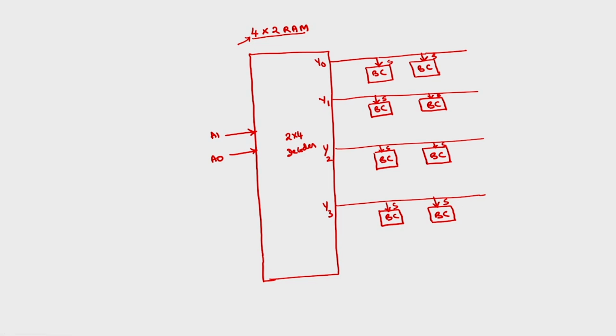Then we have input. Input has to be there here. Here also this input. So there will be one common signal, 2 input signals.